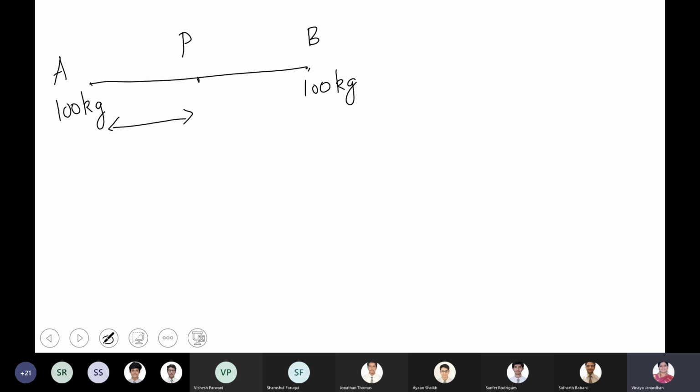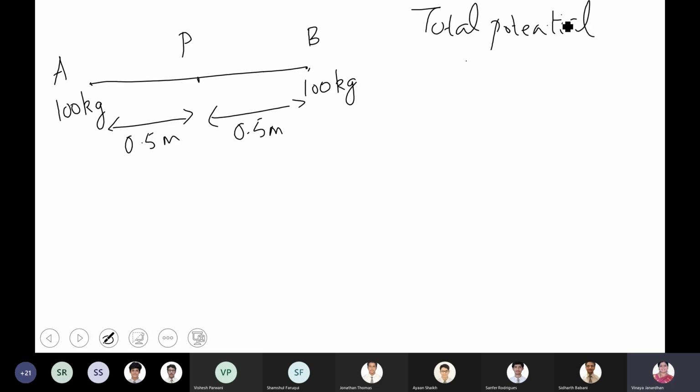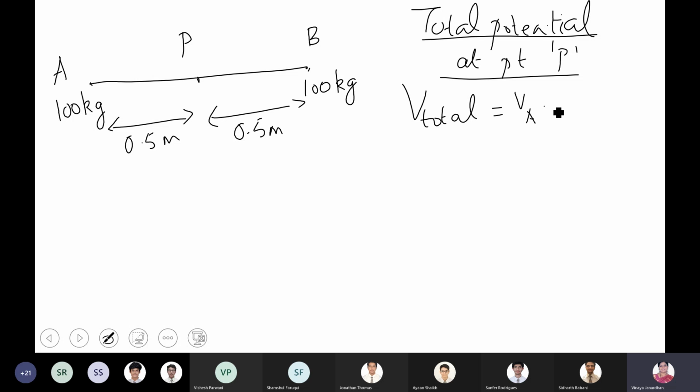This distance is 0.5 meter. So what you need to find is the total potential at point P. So V total will be equal to VA plus VB.